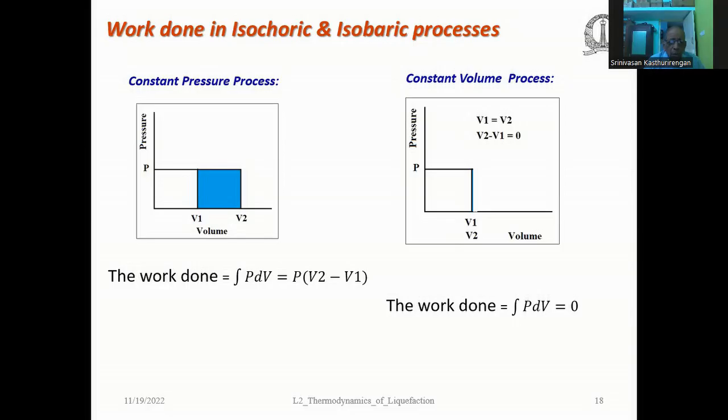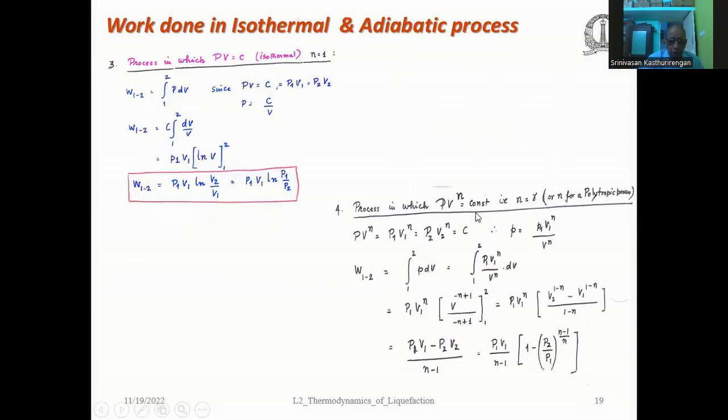Now, if you want to calculate the work done in isochoric and isobaric processes, the work done for a constant pressure process will be integral PdV equal to P into (V2 minus V1), because the pressure remains constant while the volume changes, so it is nothing but the area under the curve. If you consider a constant volume process, integral PdV will be equal to 0 because the volume does not change in this case.